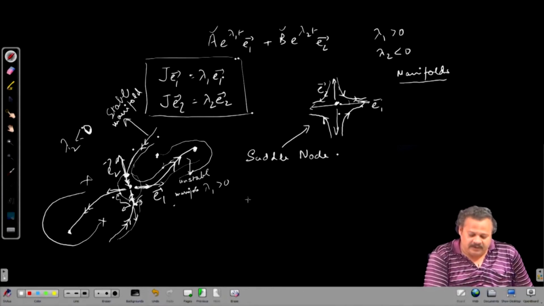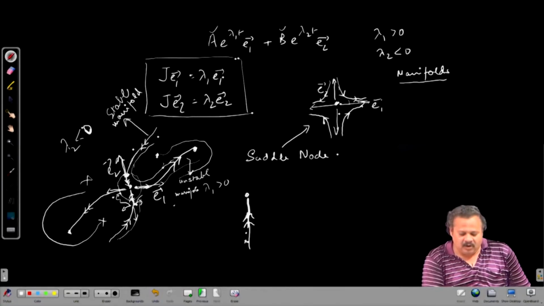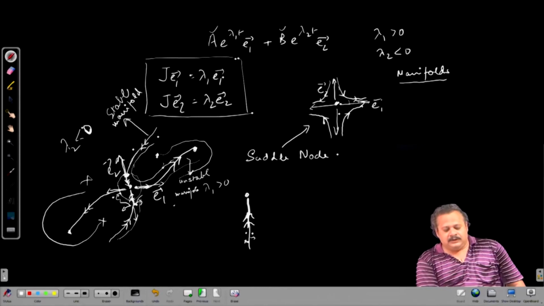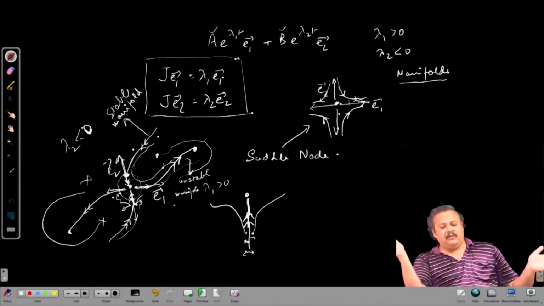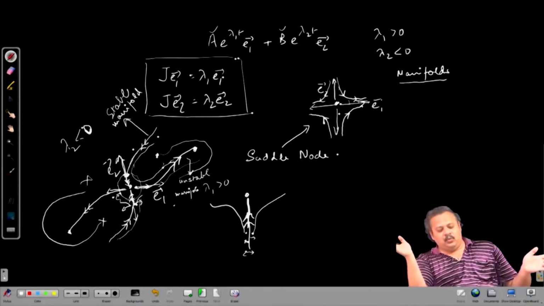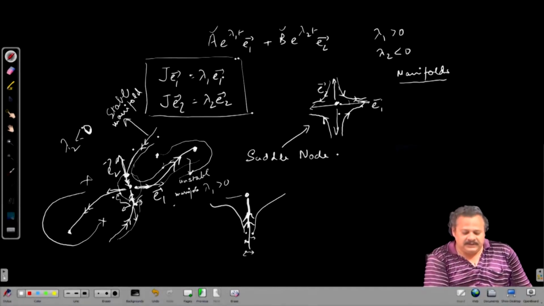If we have a stable manifold going into a saddle node, and I start the system infinitesimally to one side or to the opposite side, these are extremely close initial conditions, yet their behavior will be entirely different, because one will diverge along the positive direction of the eigenvector whose corresponding eigenvalue is positive, and the other will diverge along the negative direction of that same eigenvector.